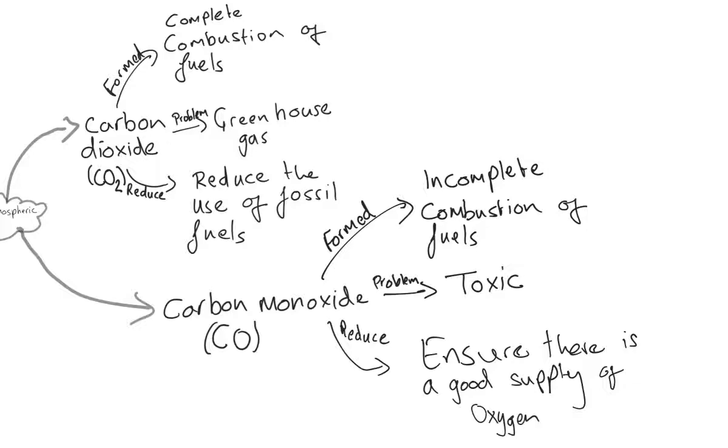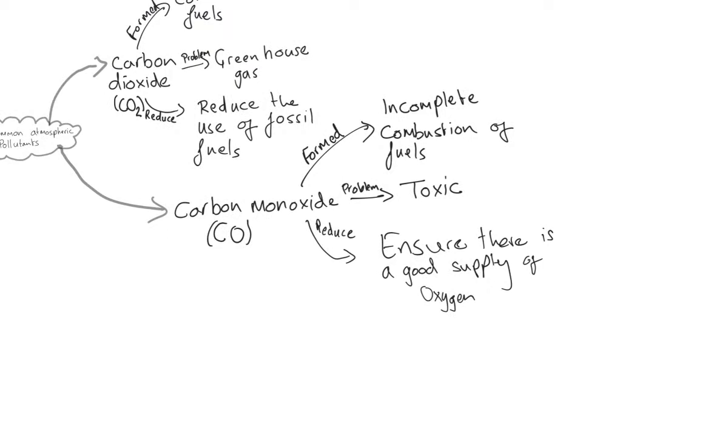Make sure there is a good supply of oxygen to provide the oxygen for it to have complete combustion, which makes carbon dioxide. Carbon dioxide we know is an issue as well, but it's much safer than carbon monoxide in the short term. Ideally, we don't want the carbon dioxide either, but for now, we'll accept carbon dioxide as an alternative to carbon monoxide.